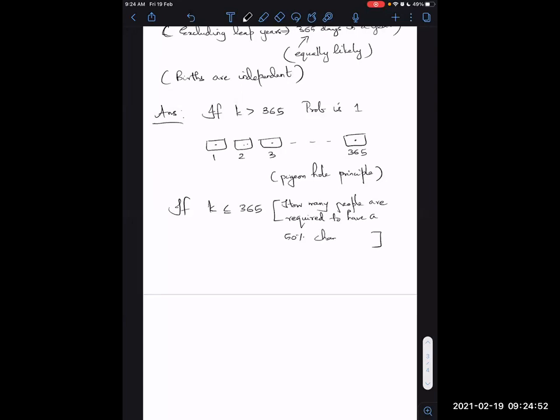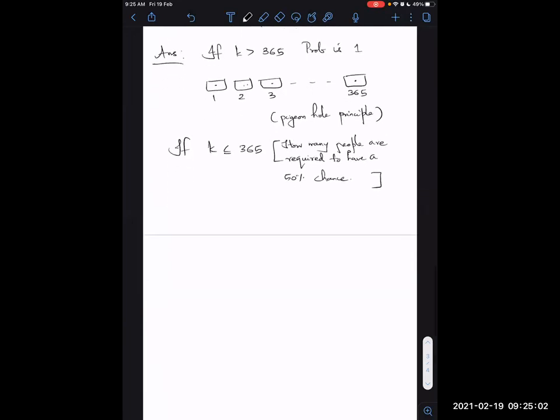We are not asking for a 100% chance like before. So the number of people now is some number less than 365. The question is, how many people do we need so that there's a 50% chance that two people have the same birthday?